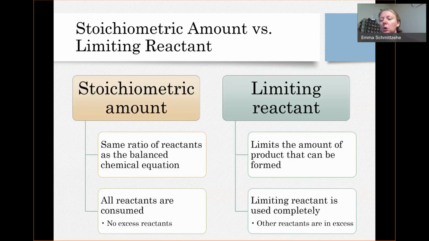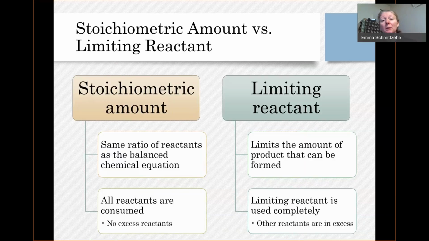A lot of stoichiometry problems deal with limiting reactants, and they may not directly tell you. Sometimes they only tell you about one substance. If they only tell you about one substance, it's because the other stuff is in excess, or there's at least a stoichiometric amount of them, and so you don't have to worry about them.